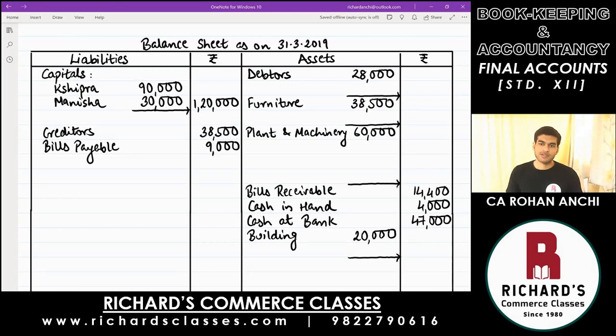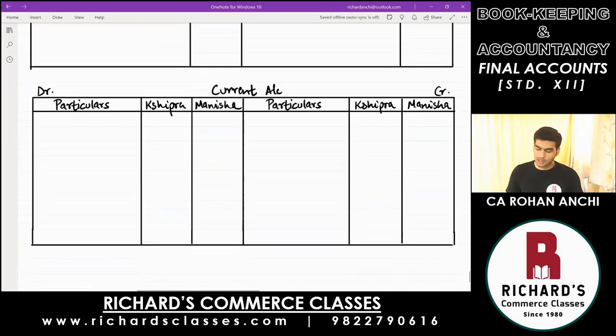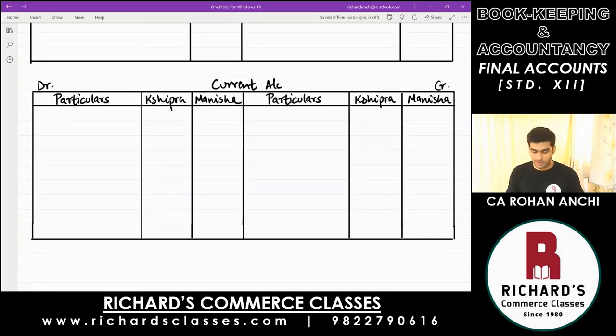And then the last item is current account, for which we will first prepare a separate account. Current account. Can you tell me where those balances are going to come, which side? Credit side. Yes, you are on the credit balances side. So whenever you pick up an item, it has to go somewhere on the credit side. So come to the credit side of current account and write down by balance brought down.